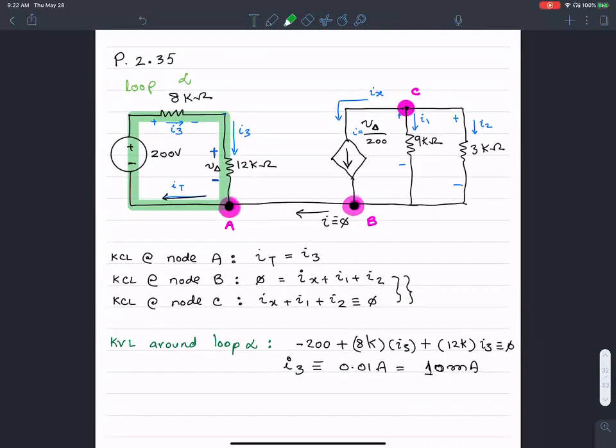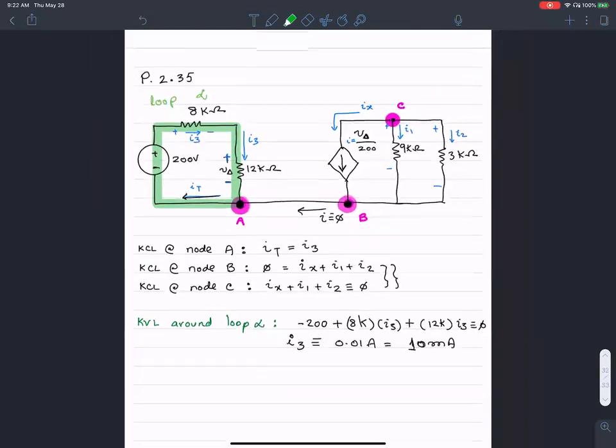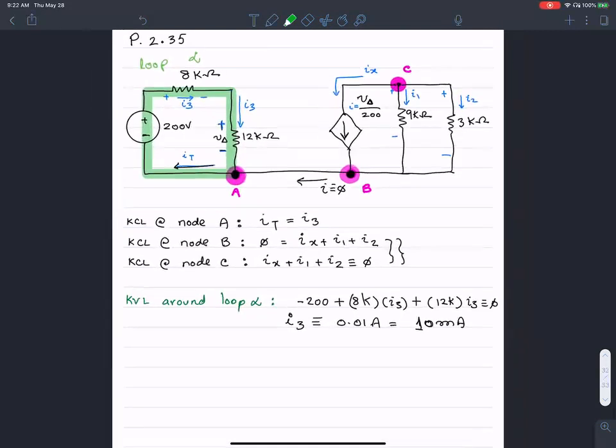Kilo ohm resistances mean milliamperes, roughly, for tens or hundreds of volts. Megaohm circuits are usually set up with microamperes, something like that. So milliamperes is a bit more reasonable and realistic.